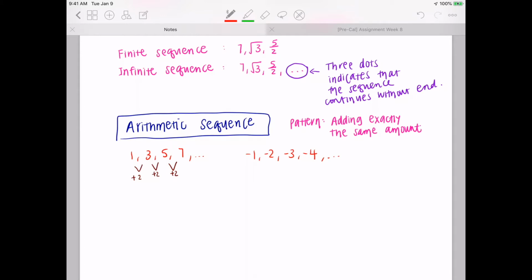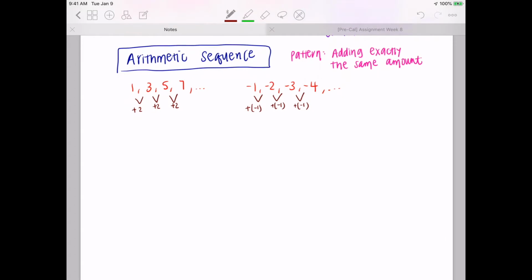This is a sequence that goes on forever. For this one, our pattern is subtracting 1, but whenever we're talking about arithmetic sequences, it's better to say that we're adding a -1 for each of these. It's pretty easy to find the next number and the following number because you already see what the pattern is.